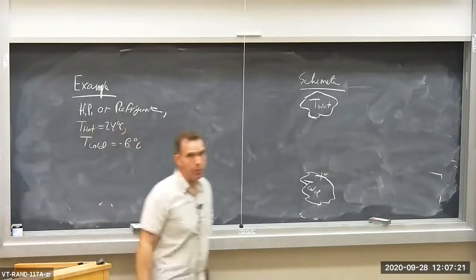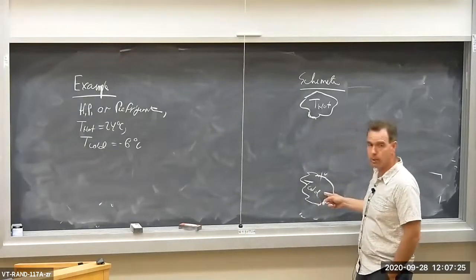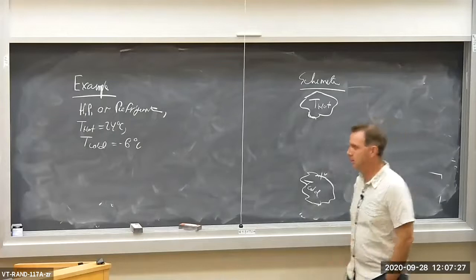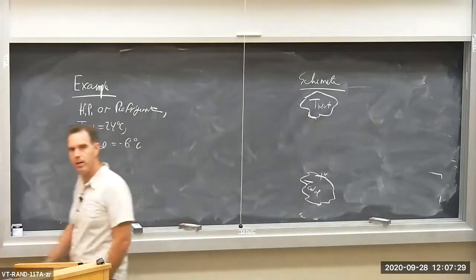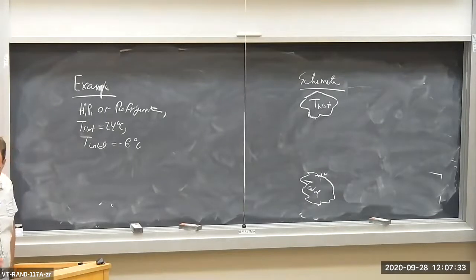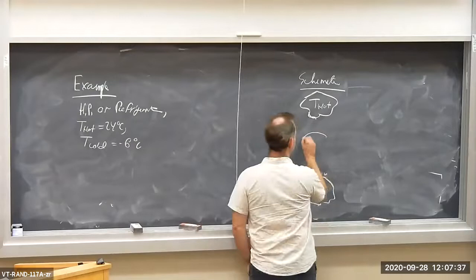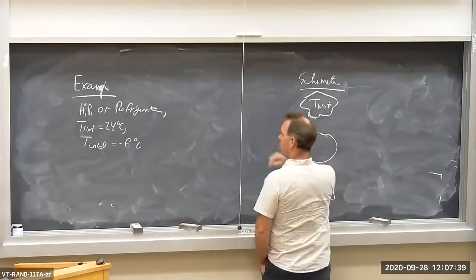This is probably a refrigerator we're talking about. Negative 6 degrees C is probably the freezer. The hot place is probably the interior of the kitchen. And this device is a refrigerator. Let's start off with the refrigerator.